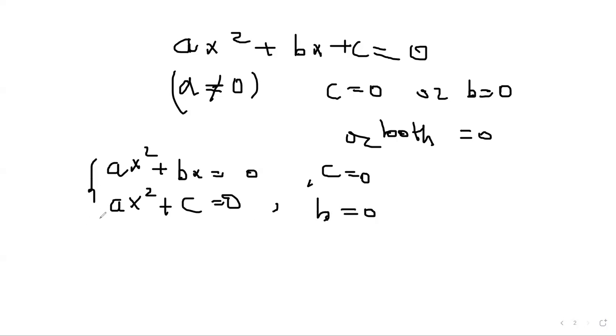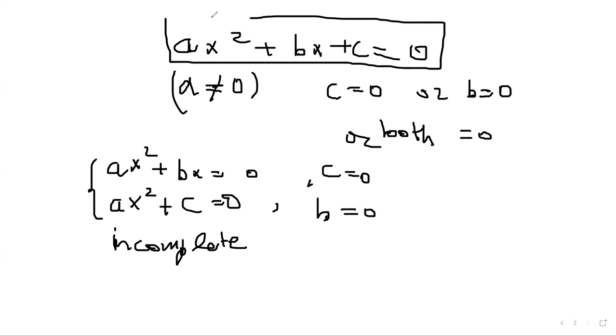So both of these cases we call incomplete, so not complete, quadratic equations. When all the coefficients a, b, c are not 0, then we get the complete case.